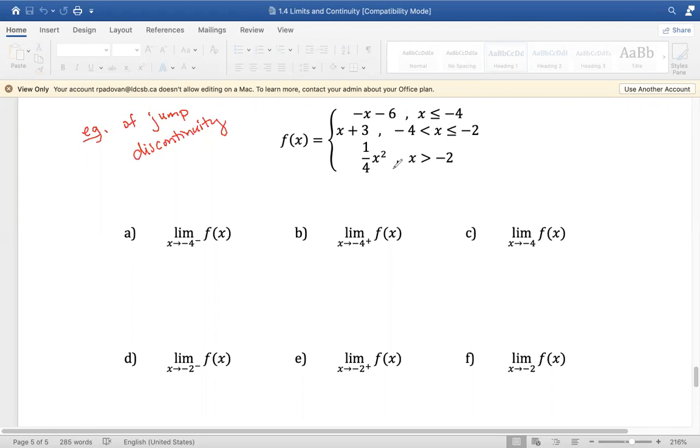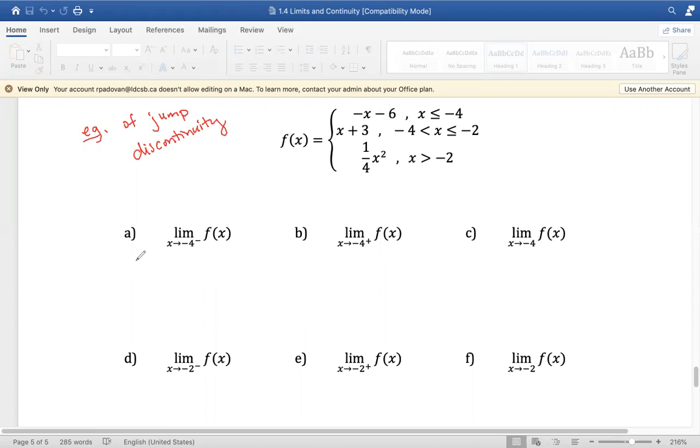So let's just start with looking at an example. If I'm looking at the limit of f of x, it could be either one of these, but x is approaching negative 4 from the left-hand side. So now the side actually makes a big difference here. Approaching from the left-hand side up to and including negative 4, I'm using this equation, negative x minus 6.